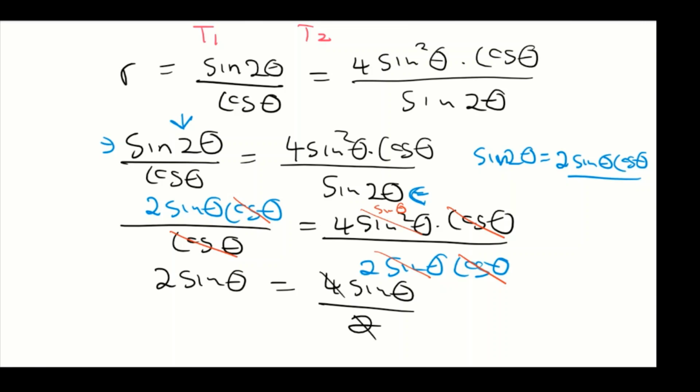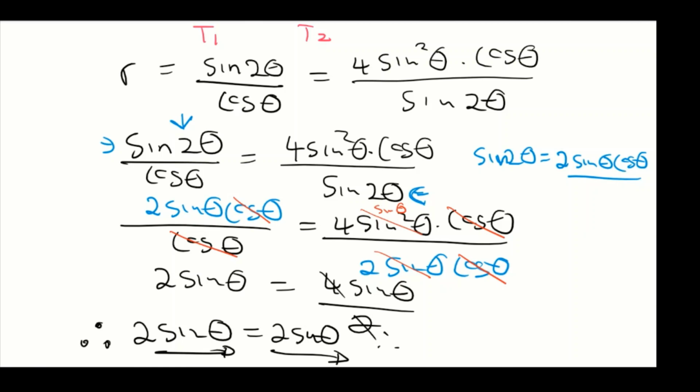So the 4 will divide the 2. Therefore, our final solution, 2 sine theta, will be equals to 2 sine theta. So you can see that the left hand side is equals to the right hand side, so the ratio R is actually constant throughout. So therefore the series is definitely geometric.